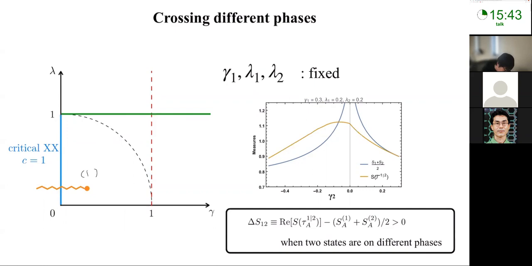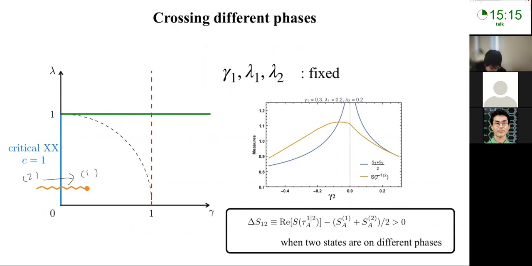The first state is here, and we move the second state in this direction. In this case, before crossing this critical line, our two states belong to different phases, and the pseudo entropy is greater than the average value. But once we cross this line, pseudo entropy goes back to being smaller than the average value.